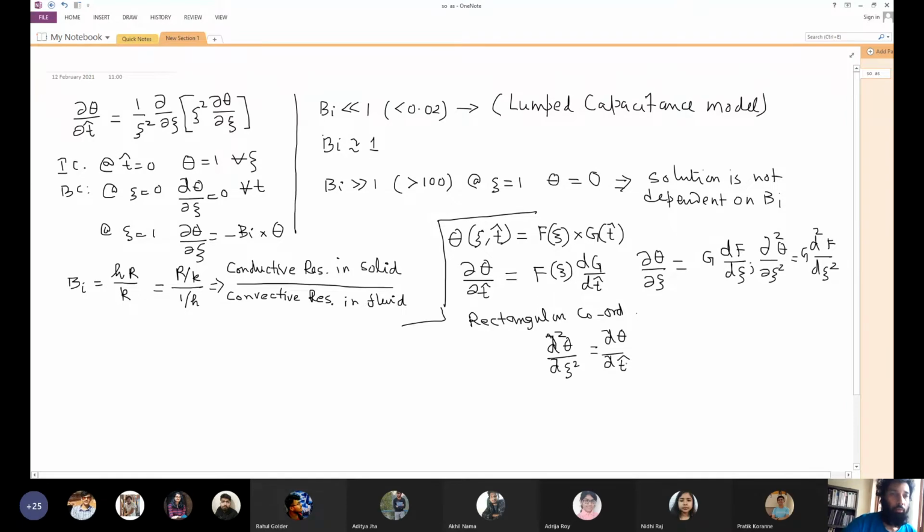Now substituting this, we get g times d2f/d zeta 2 equals f times dg/dt hat.